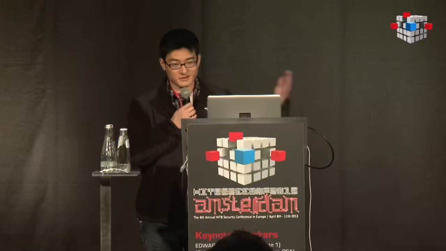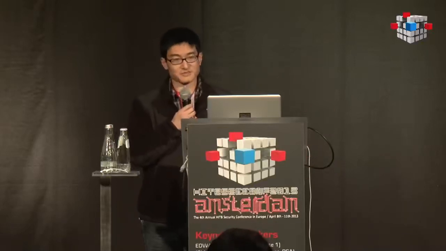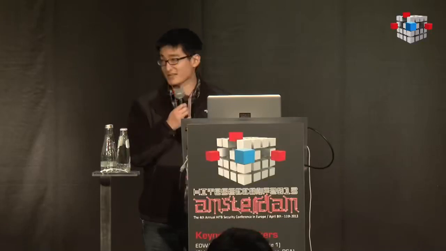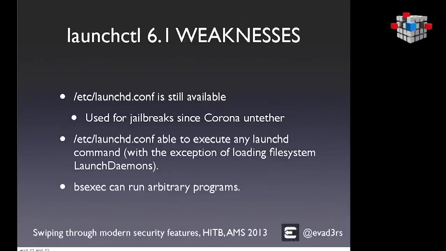It's basically the initd of iOS and Mac OS X. With the exception of loading file system launch daemons, which are now signed, we can do anything with launchd as long as we're able to write this configuration file. One of the commands we can use is called bsexec, and with it we can run arbitrary programs at boot, as long as we have a way to get around code signing.